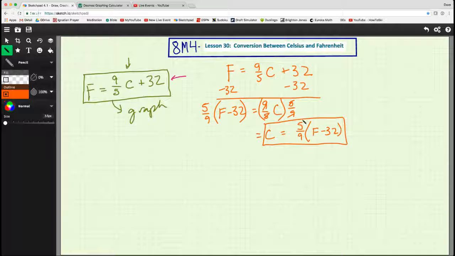This is not in graphing format because you don't have the constant by itself. You have this multiplier that multiplies by this whole piece.